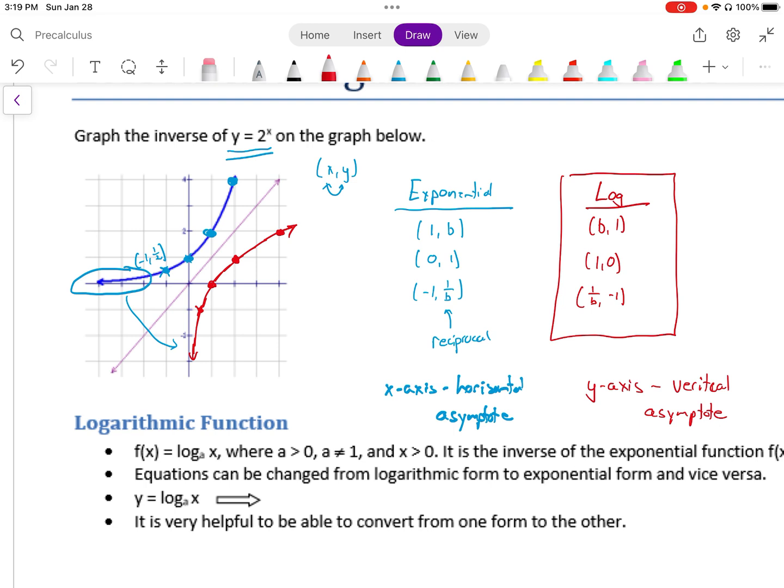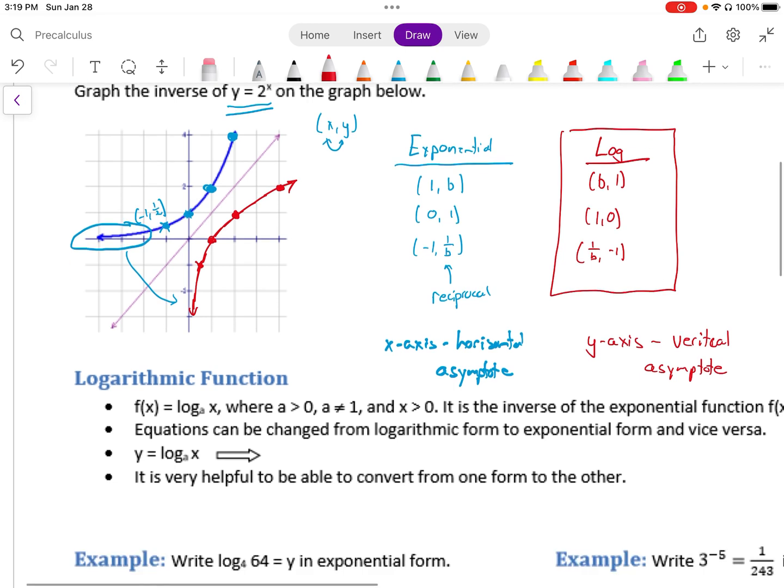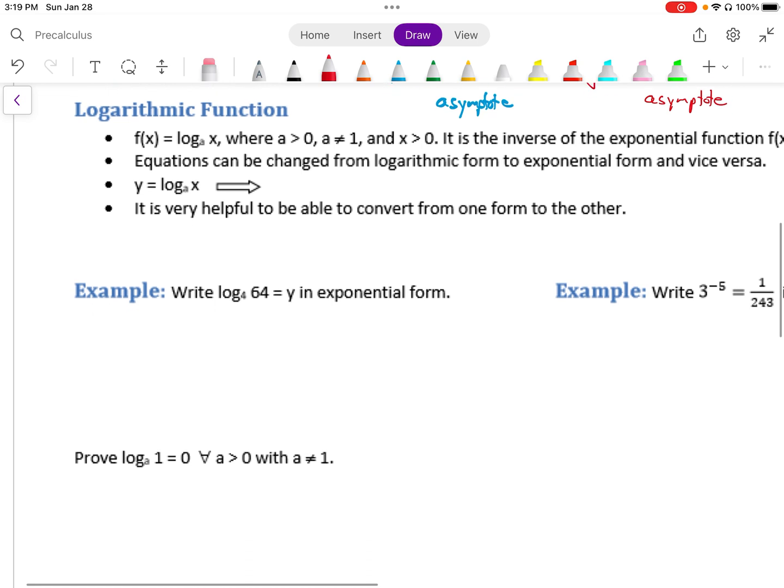So the logarithmic function, down in the next section here, f of x or y equals log base a of x, where a has to be greater than 0. So you never have a base that's negative. a doesn't equal 1, because if a was 1, it would just be a constant function, and x has to be greater than 0.